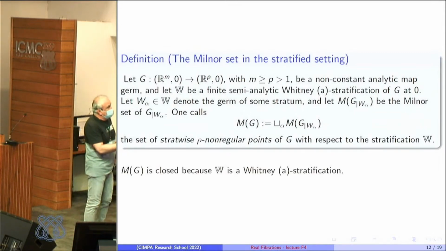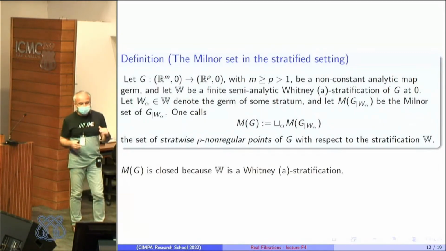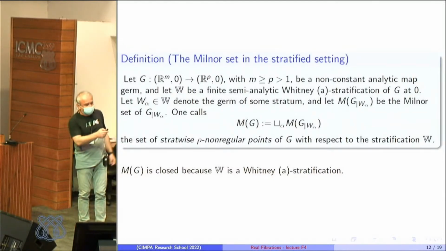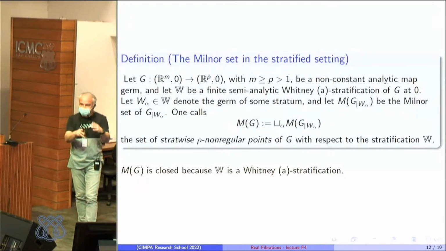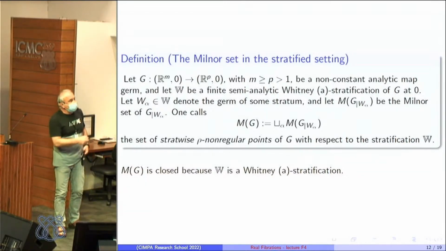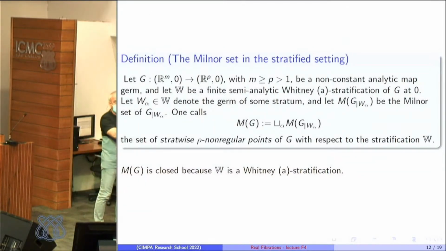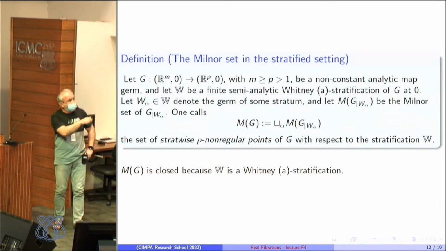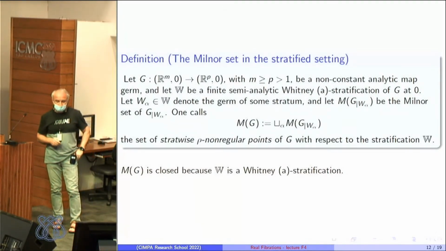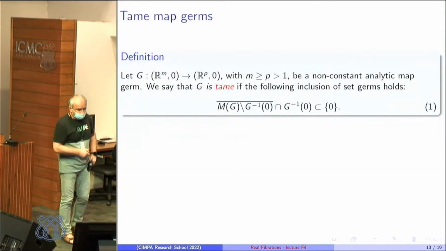And here I spoke about Whitney conditions. The original Milnor set is of course closed; the set of non-tangency is a closed set by definition. But in general it's possible that this stratwise set is not closed. Once you put this kind of condition, the Milnor set M of g becomes closed. Without a Whitney stratification, you don't know that M of g is closed.